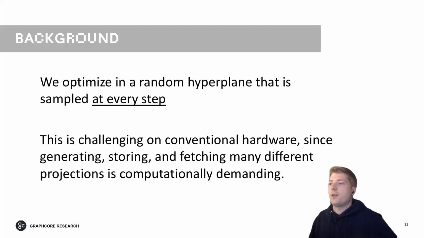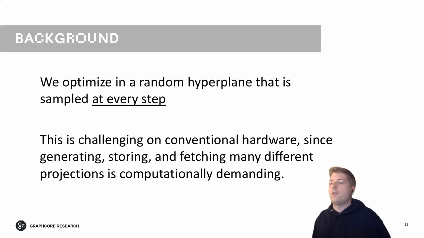As I just introduced the method, one of the key things is that we redraw the random projection at every step during optimization. This is obviously a very simple conceptual change, but in practice, it turns out to be much more difficult to realize in the actual experiments.